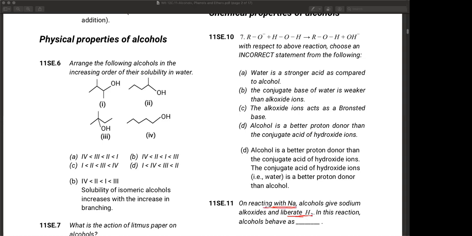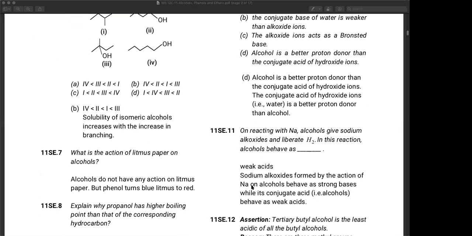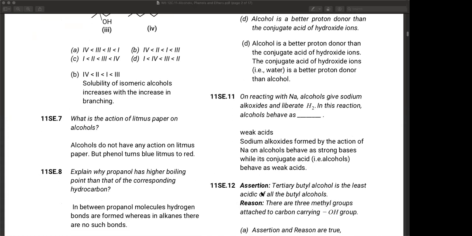What kind of compounds show these characteristics? Yes, Ria also got it. Jasmine got it. Yes, so they behave as acids. Okay. So if you want to be even more specific, the given answer from the answer key is weak acids. Yeah.